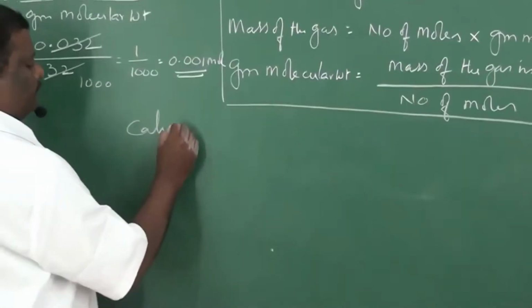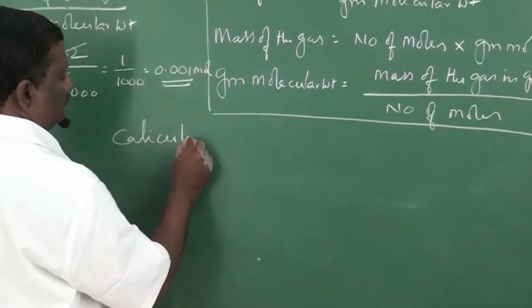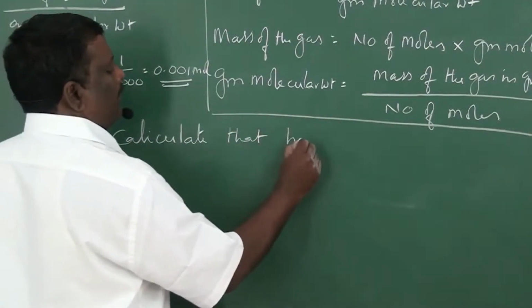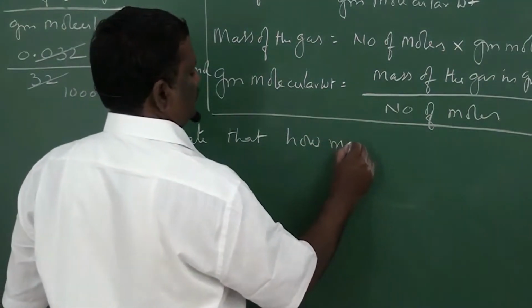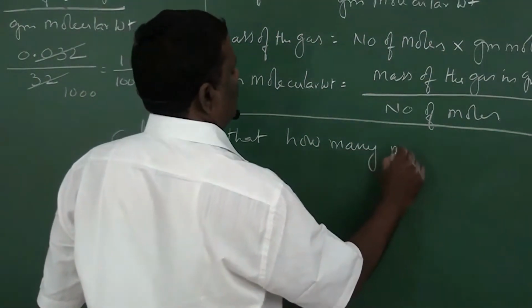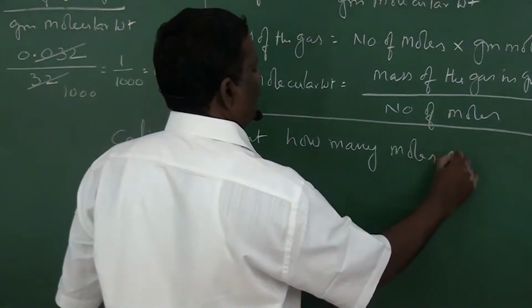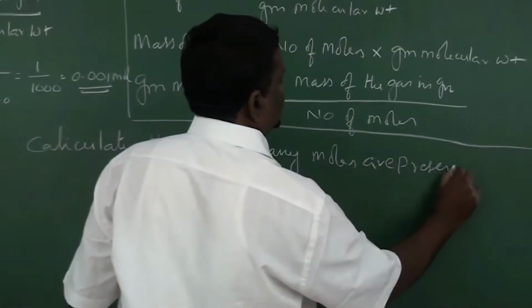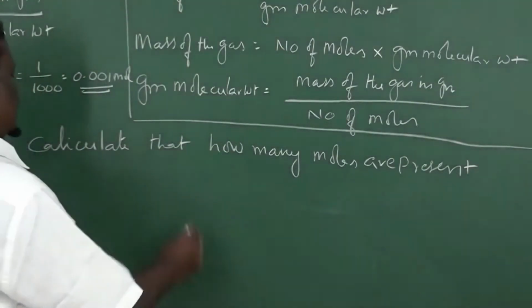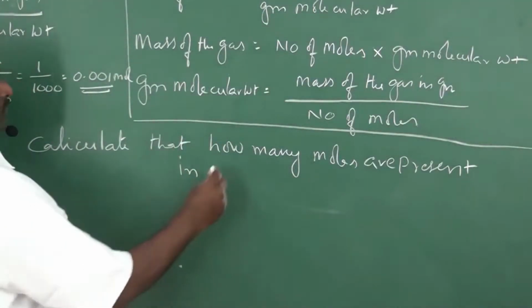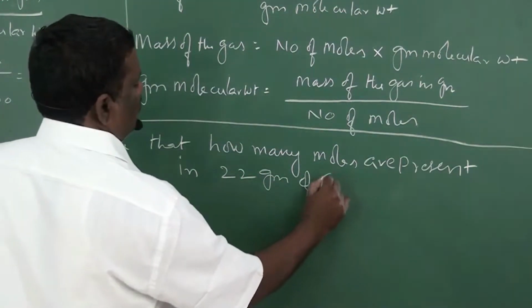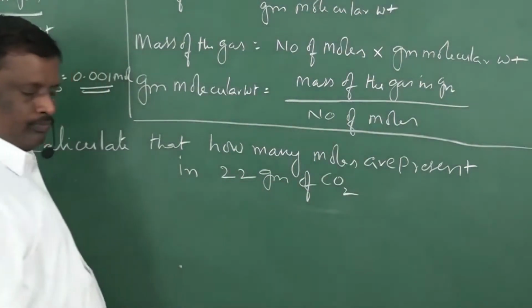Calculate how many moles are present in 22 grams of CO2.